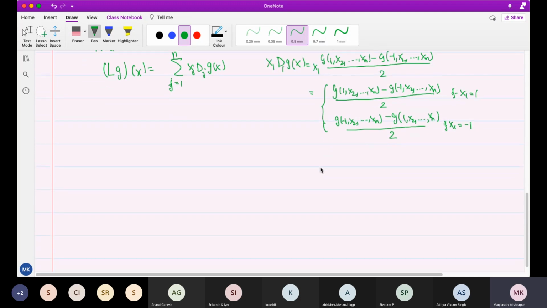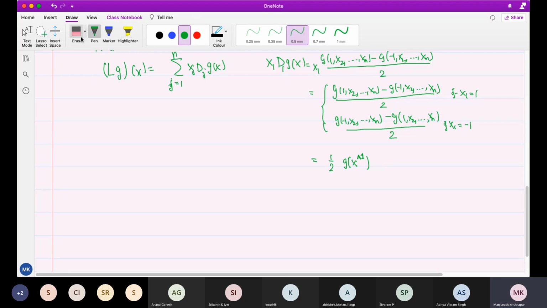So what is this? We can write it in a unified way like this as 1/2 of g of x. Let me introduce some notation here. X wedge 1.